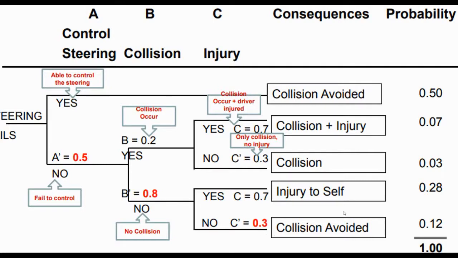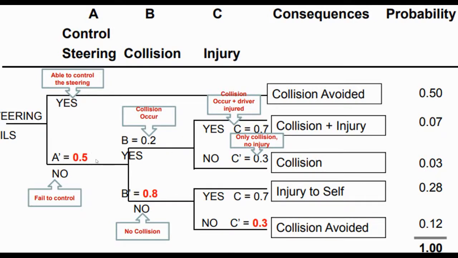Okay, so how to determine this number is by implement the equation yang saya dah share sebelum ni lah. So means that this one is 0.5. Okay, so this one 0.5 multiply 0.2 multiply 0.7 is equal to 0.07.